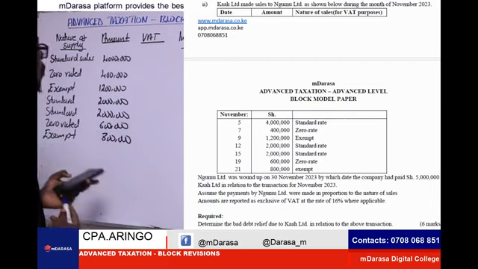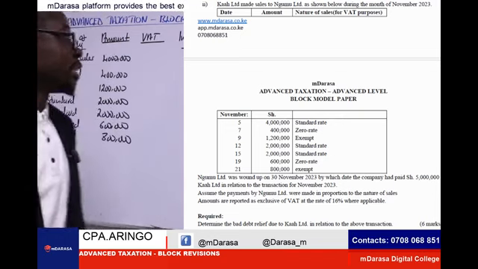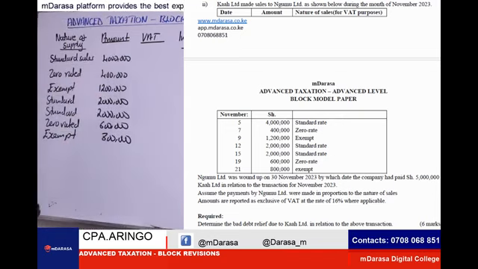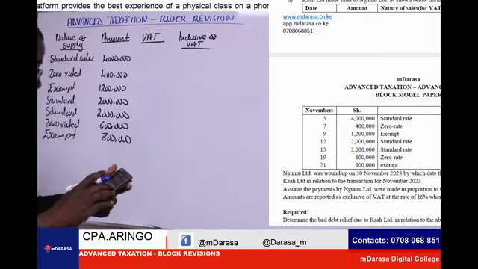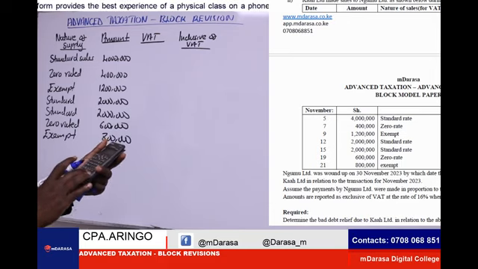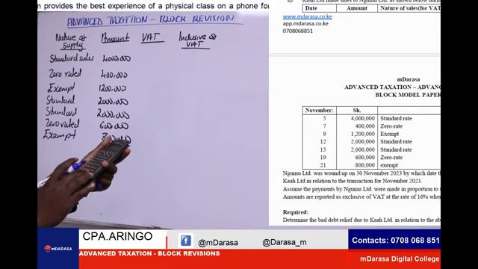Okay, so having our values like that, I need us to determine the VAT on our values. Let us determine our VAT on these values given. We start with the first one because our values are exclusive. So I'm having 4 million times 0.16.